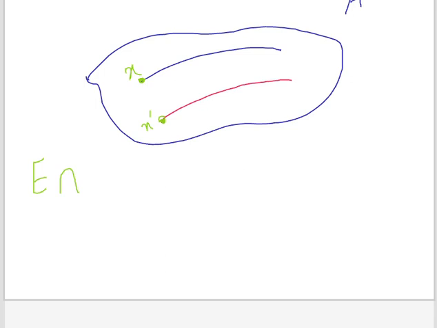This is x, this is E x, this is E x prime, the equivalence classes of x and x prime. You see that they can be disjoint, completely disjoint, the intersection is empty. This finishes the proof, but we say that this is not the only case.